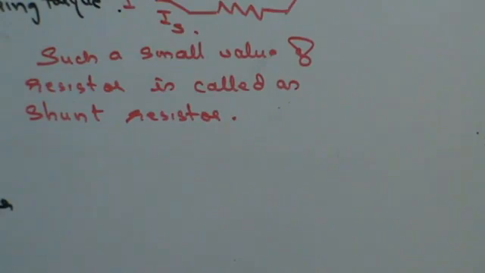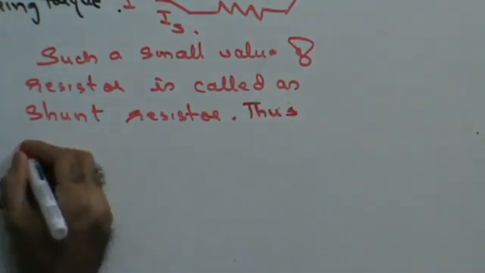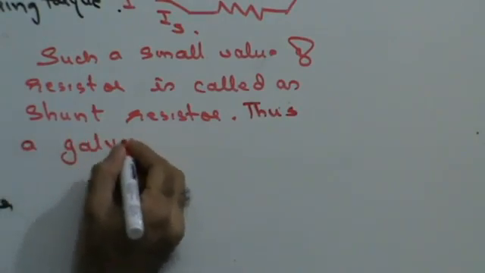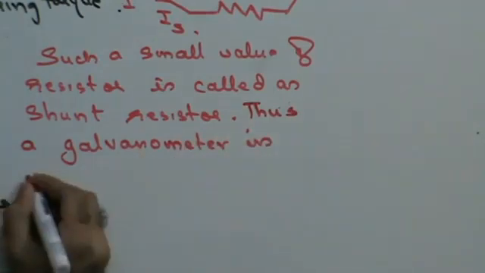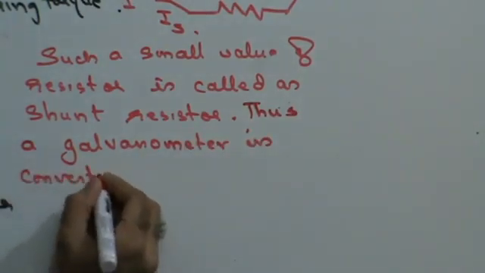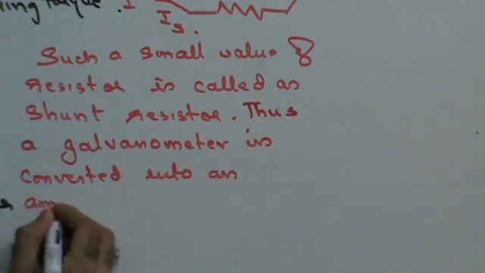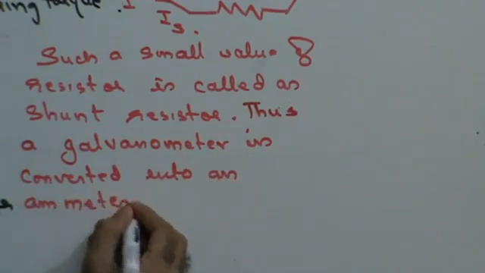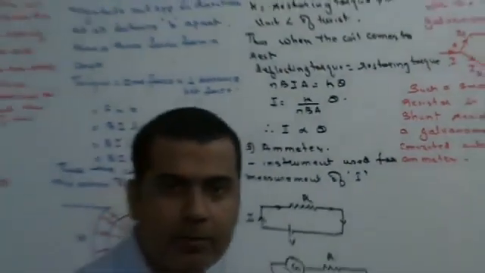Thus, a galvanometer is converted into an ammeter. Fine, do we get this clear? So that's how you convert a galvanometer into an ammeter, right?